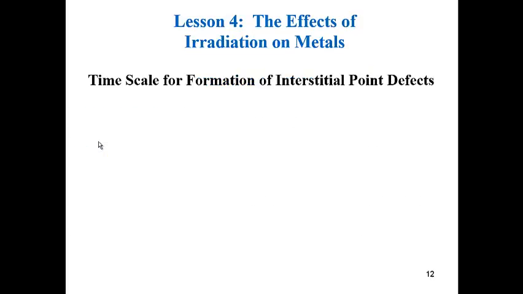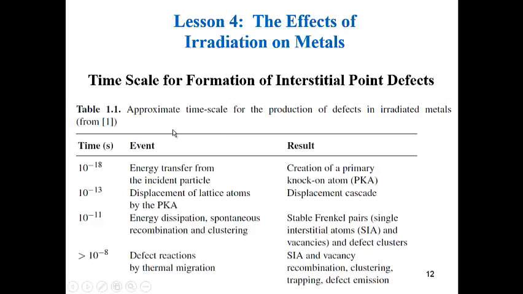First of all, let's look at the time scale for the formation of these point defects as it occurs. This is the approximate time scale for the production of defects in metals that have been irradiated by high energy neutrons.